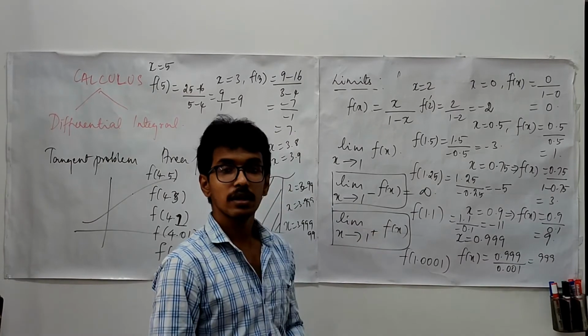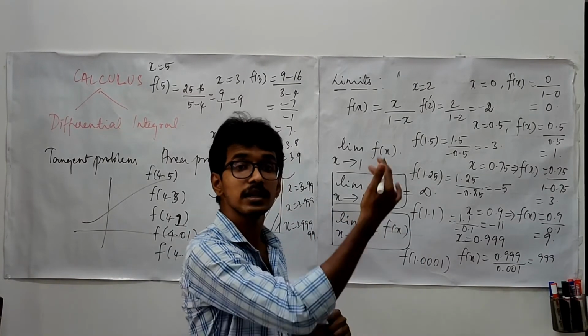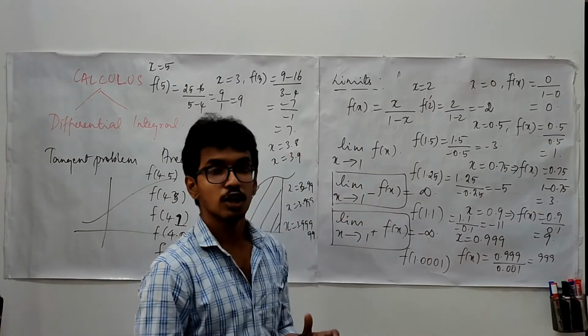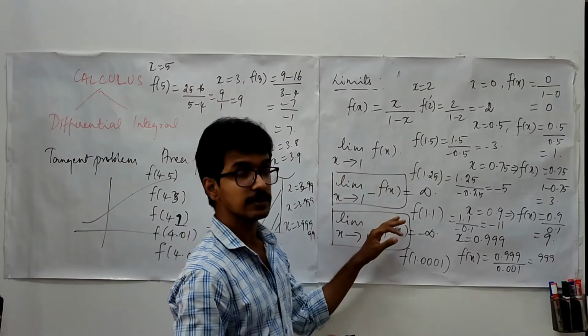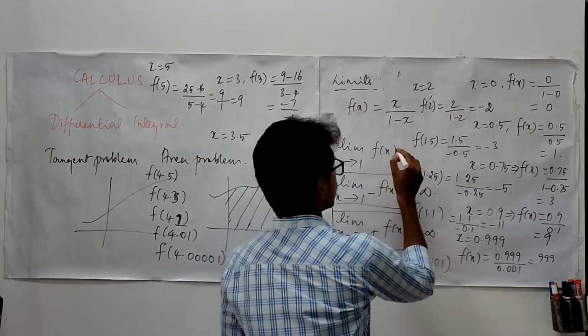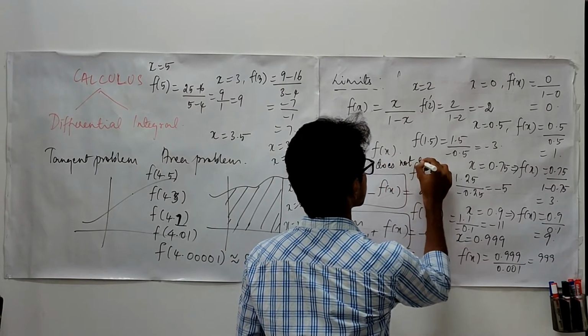Whereas in the right, what you are getting? It is growing unboundedly in the negative direction, hence you are going to get minus infinity. You get your left limit to be plus infinity and the right limit to be minus infinity, and hence this limit does not exist.